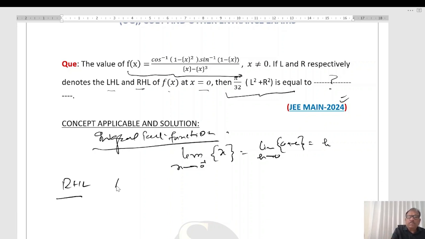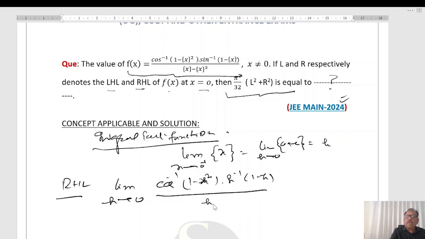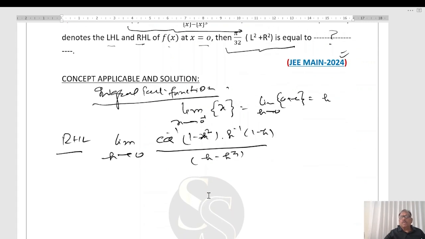Now limit h tends to 0, cos inverse of (1 minus (1 minus h) square) into sine inverse of (1 minus h), divided by h minus h cube. Now put the limits. If we put h as 0, cos inverse 0, this is 0 by 0 form.